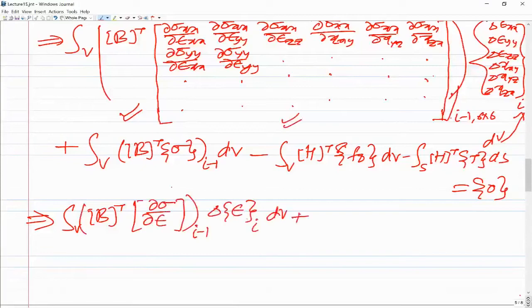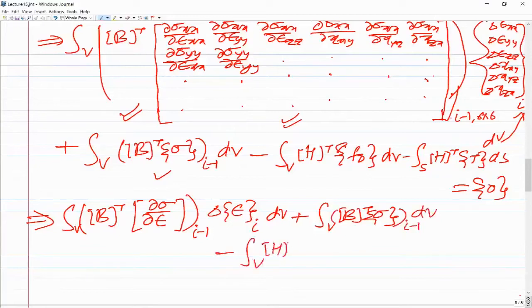Plus, of course, these terms go as they are: integration over volume of B transpose into sigma evaluated at the I minus 1th iteration into dV, minus the body force and surface force terms, H transpose into FB dV minus integration over surface of H transpose into T dS, is equal to a null vector. So this is the equation you get.